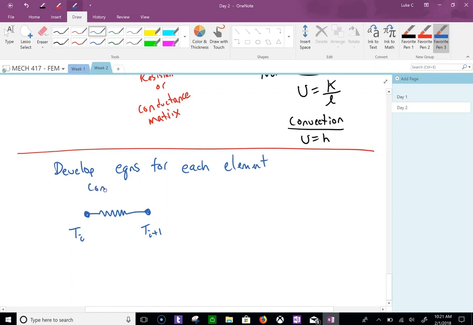And we're going to do conduction. Then we'll do convection.